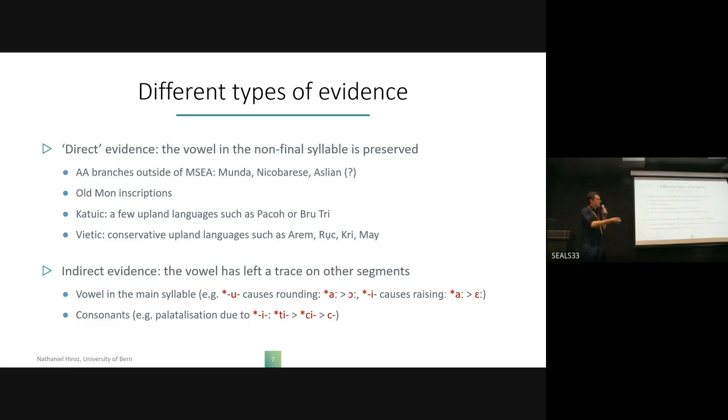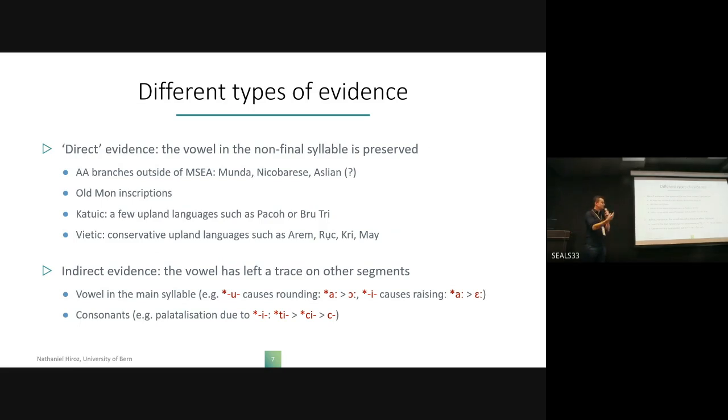And we find this in what we could call peripheral branches outside of mainland Southeast Asia. We find this in Old Mon inscriptions. And then in Kituic and Vedic, we have a few upland conservative languages that have such contrast. And then what is perhaps more interesting, we also have indirect evidence in the form of traces left on other segments.